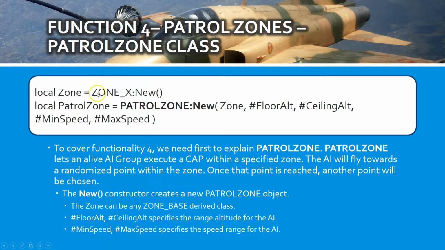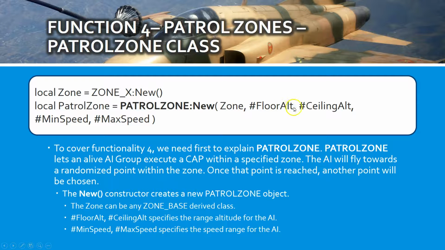So it could be zone polygon, zone radius, or normal zone, and I really suggest you consult the zone documentation within Moose to understand everything about zones. There is also a training session on zones. The patrol zone is then an object that will take that zone that you just specified.